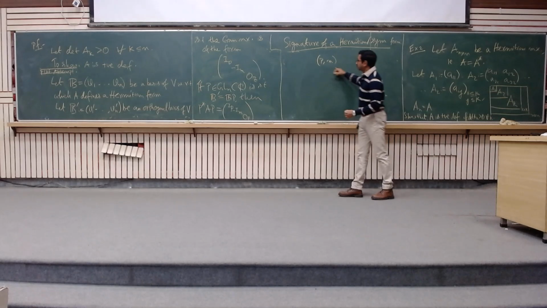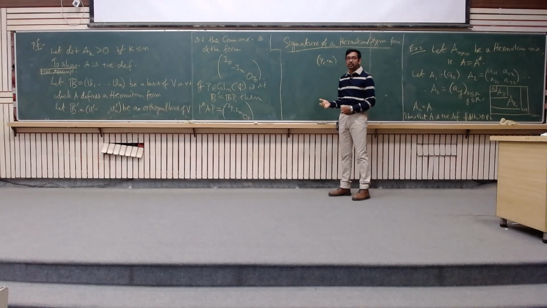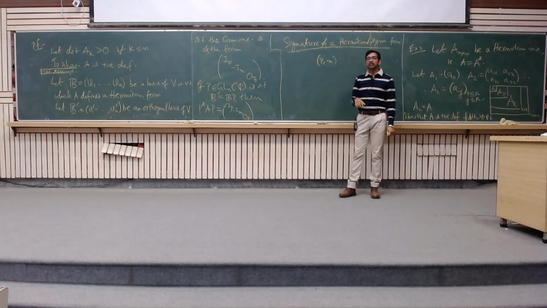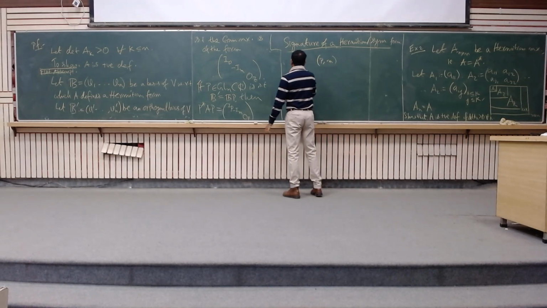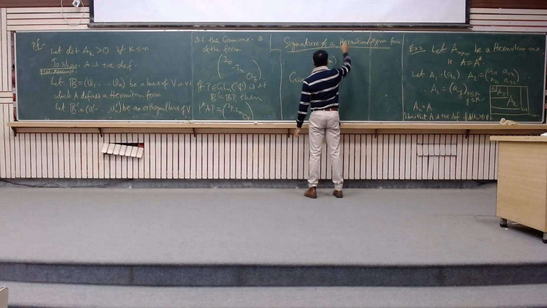This one is called the signature of the form because z is uniquely defined; z is the dimension of the V-zero part. Now, a short detour: given a form, how do you get its signature?